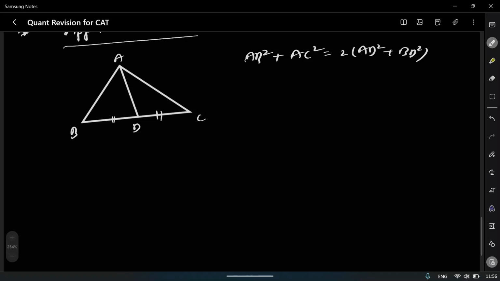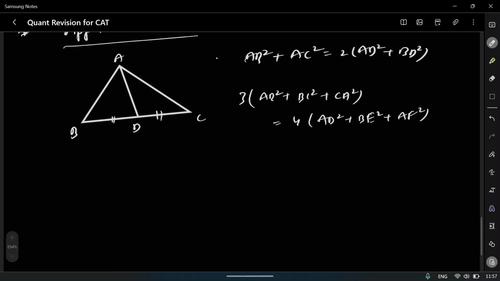If we take every median and write this formula for all the sides, we will get this formula: 3 into (AB square plus BC square plus CA square) equals 4 into (AD square plus BE square plus CF square).